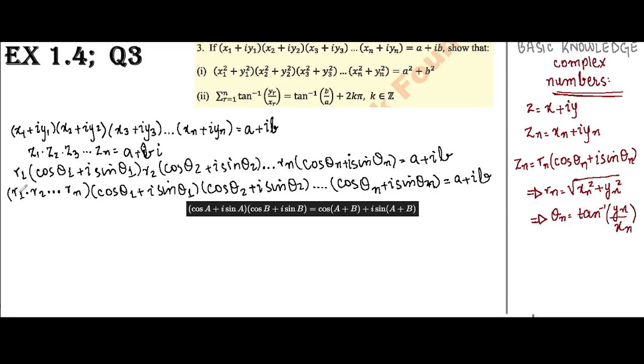As we are going to do it, this will be written as it is: R1 dot R2 dot up till Rn.